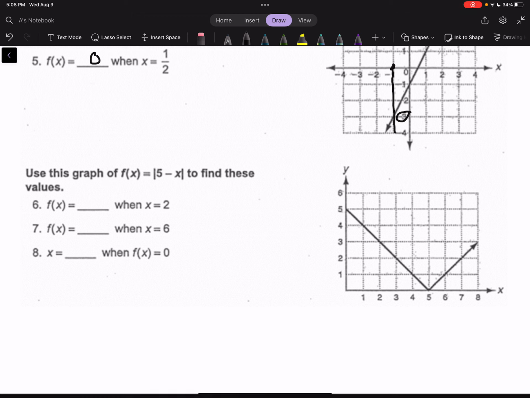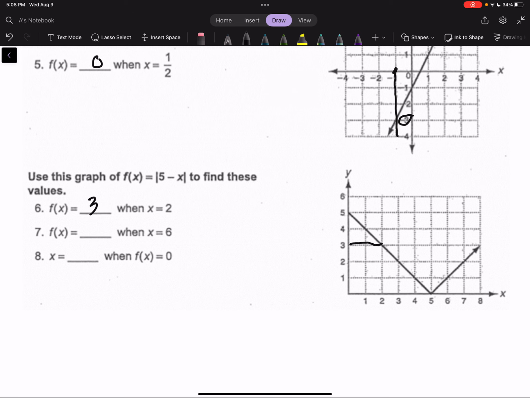We're going to use this absolute value of 5 minus x. X is equal to 2, we have a 3. When x is equal to 6, we have 1.